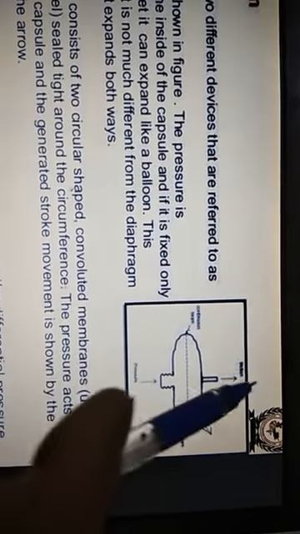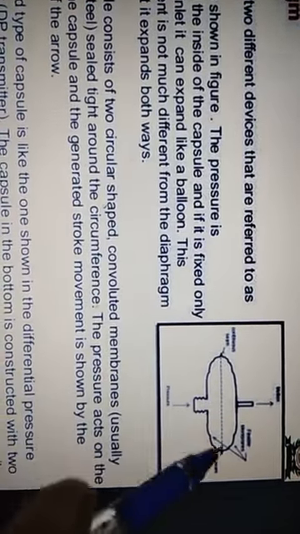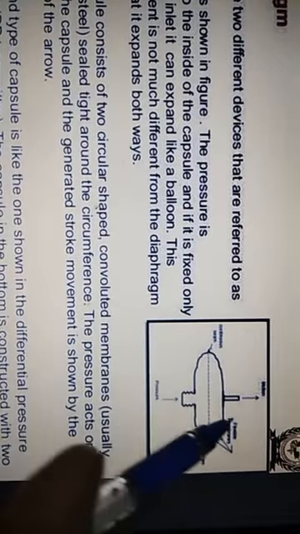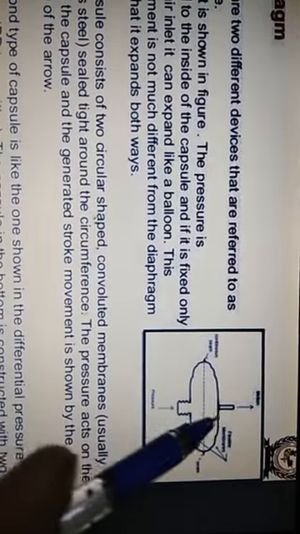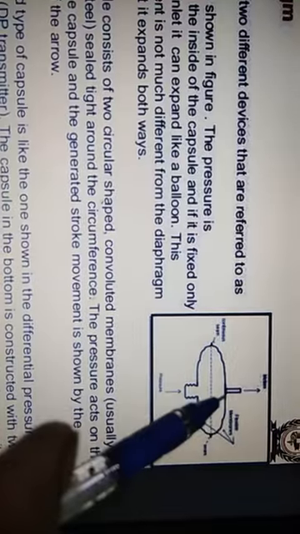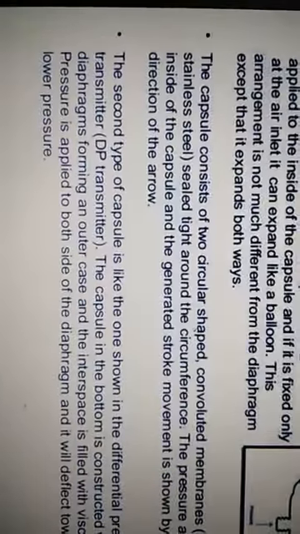This is the stroke movement shown here, and this is the capsule type shape. Pressure goes inside and it will fill up with the pressure, and movement will be there. It will expand like a balloon, and this tip will move forward.